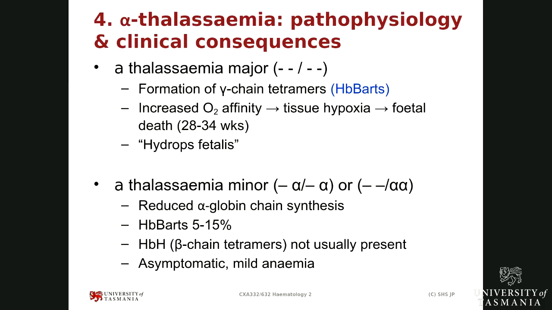So in these situations of alpha thalassemia minor, we don't tend to get the excessive beta chain tetramers being formed, and so we don't get hemoglobin H in those situations.